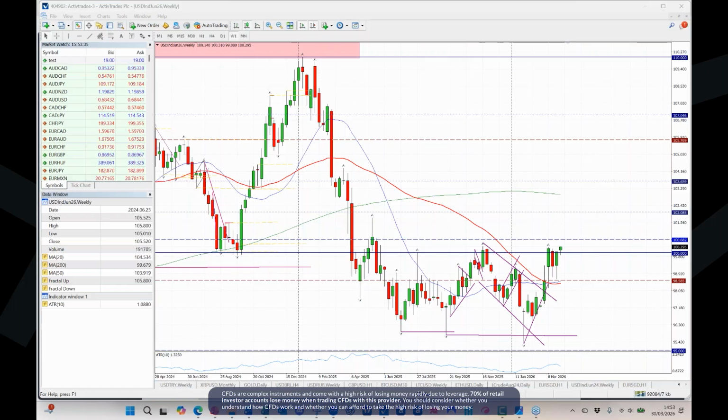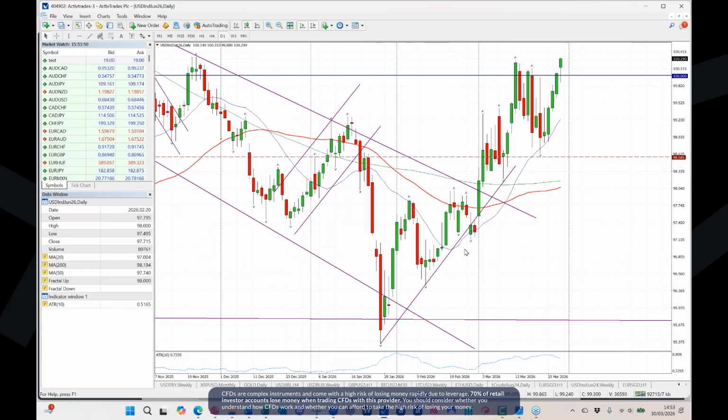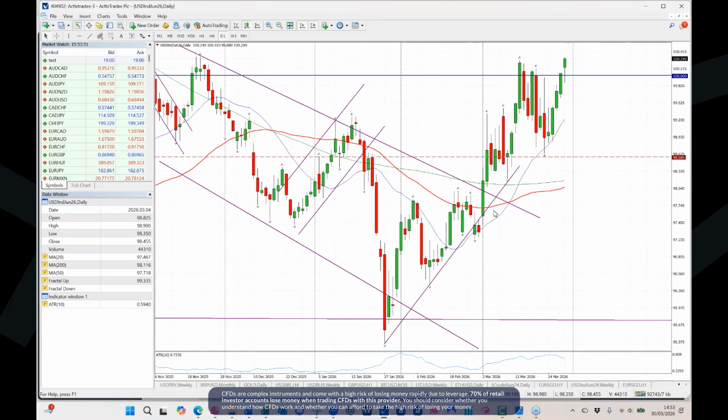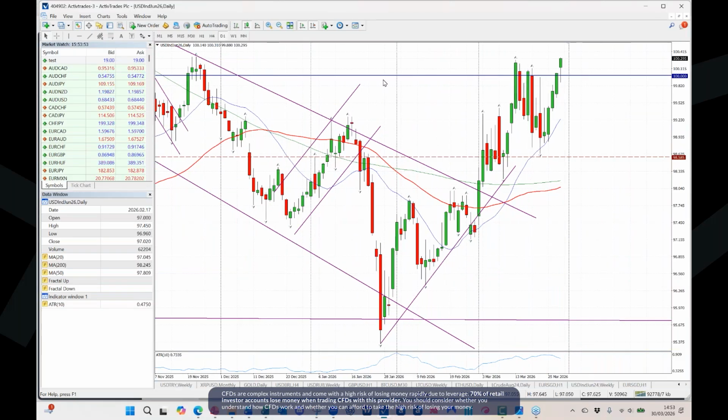But of course, we have had rather eventful, rather volatile markets, haven't we, over the last few weeks in 2026. So why don't we go on to the daily chart. I'm just going to zoom in here.